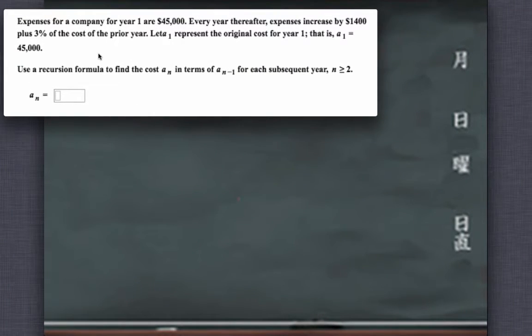So happily, we're not trying to figure out how to write this just as a function, but we know what a sub 1 is. And what we know is a sub n takes the year before and adds to it 1,400 dollars, plus 3% of the prior year.